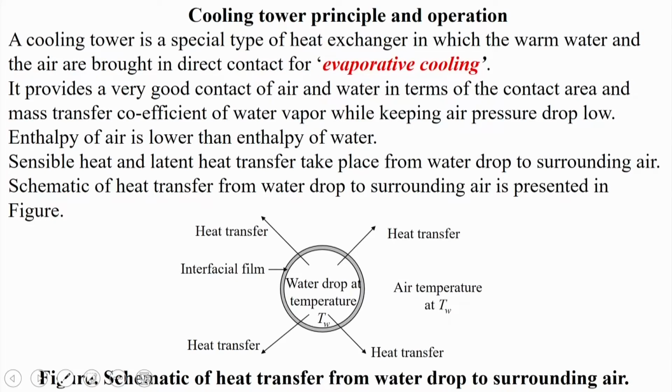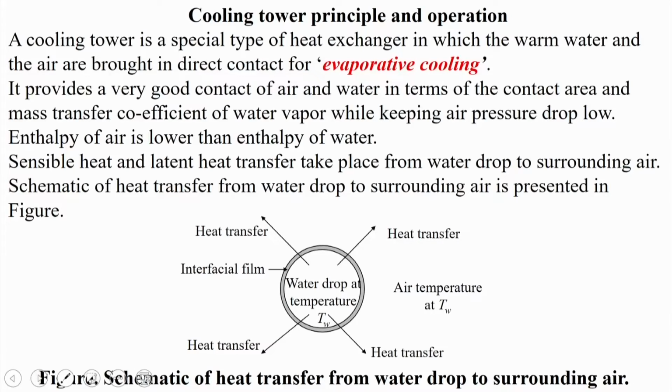So, the enthalpy of the air is lower than the enthalpy of the water, which we know. So, sensible heat and latent heat transfer takes place from the water drop to the surrounding air. Now, a schematic of the heat transfer from a water drop to the surrounding air is presented in this figure.